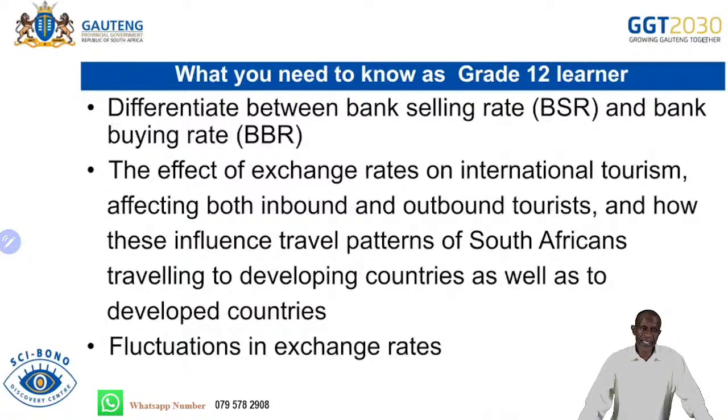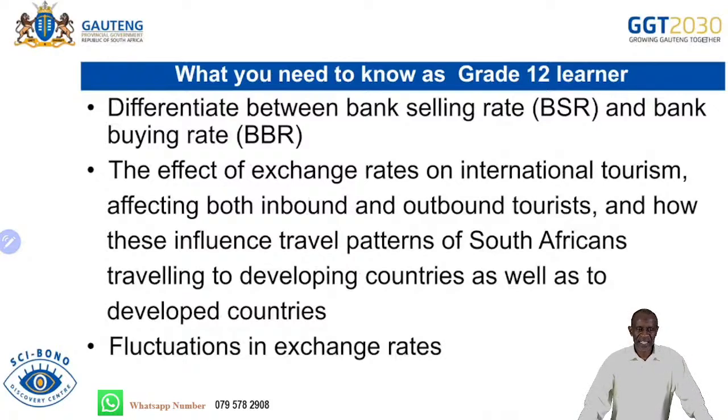Another concept that you need to understand is the fluctuations in exchange rates, the decrease and the increase in terms of value of a particular currency. That is referred to as fluctuation.